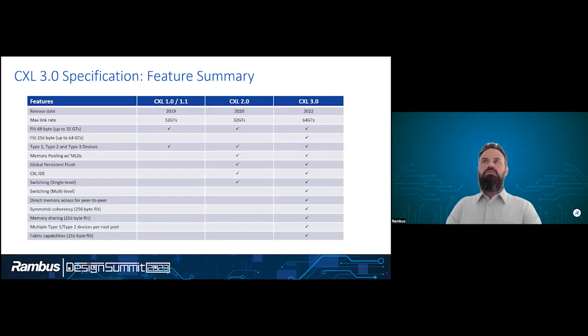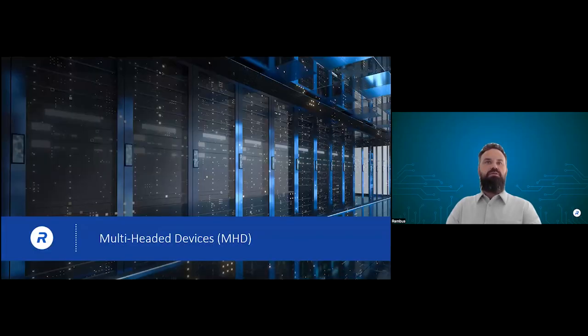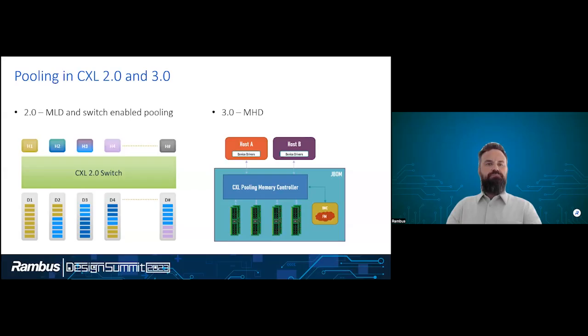So let's hop right into some of these new device types, in particular the multi-headed device definition. So pooling itself is not new to CXL 3.0. With CXL 2.0 really bringing the pooling concept to fruition with switches and MLDs, or multi-logical devices.